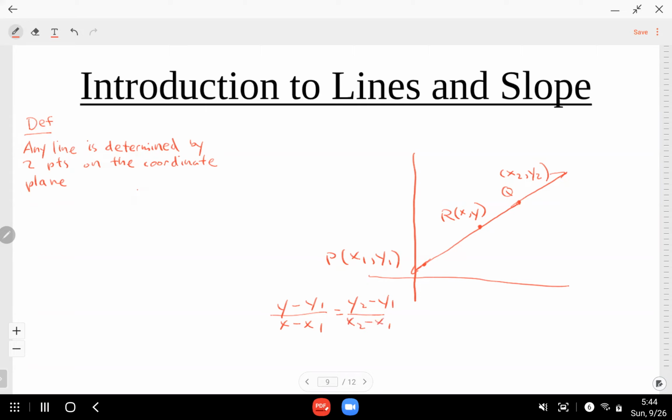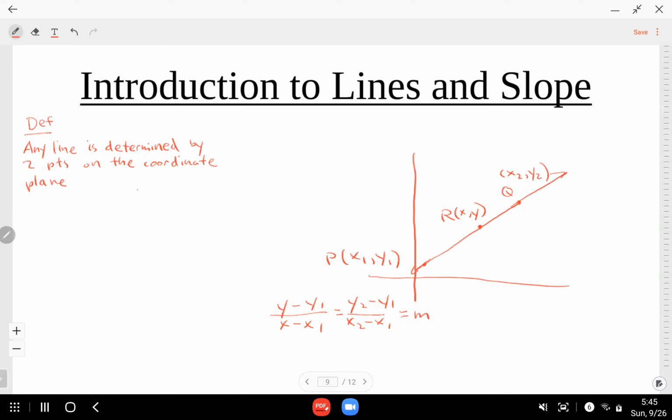So the slope of P to R should be equal to the slope of P to Q. The slope is constant on a line, and we call that slope m. So now with that, we can derive a few formulas.